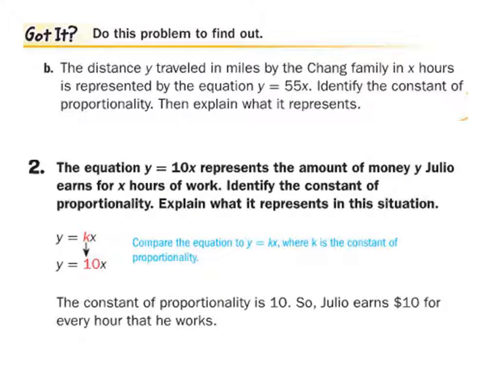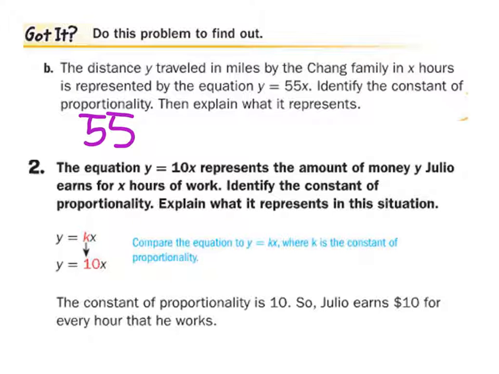On this example, once again, all we're doing is looking at this equation, y equals 55x. There's no addition or subtraction on this one, so it is proportional, or it is a direct variation. It's the same thing. The constant of proportionality is 55. But this is a word problem, so we need labels with this.